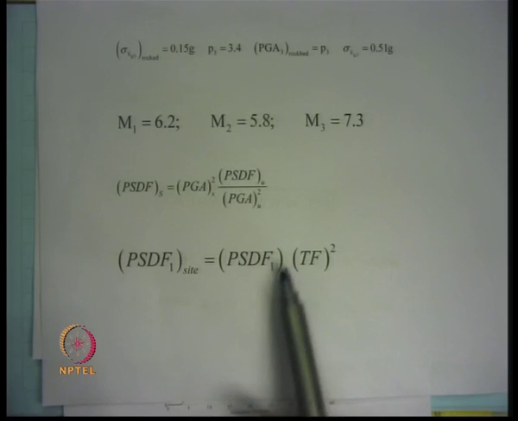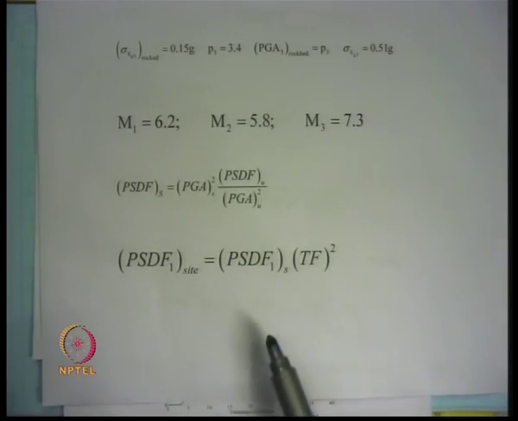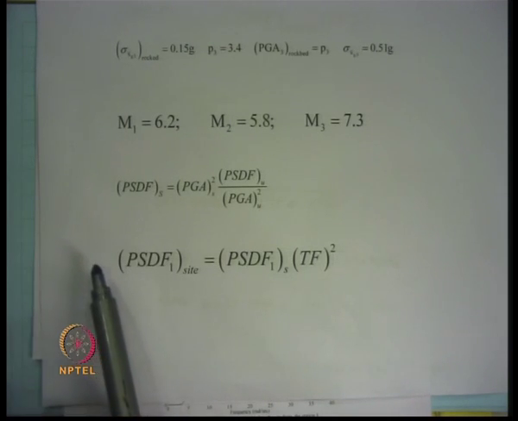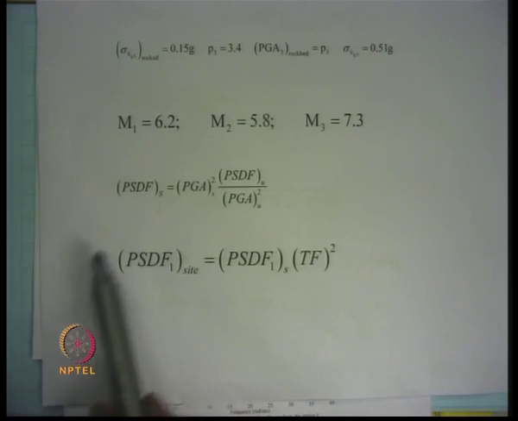So, this is the power spectral density function that we have obtained at the rock bed level coming from location 1 after scaling, and this will be the power spectral density function at the surface of the ground, that is at the site itself.